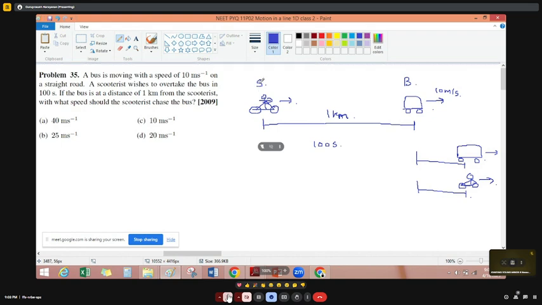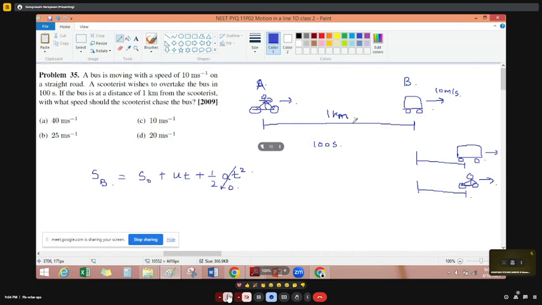Let's call this A, and the bus B. So SB is equal to S naught plus ut plus half at square. Luckily there is no acceleration, so this is 0, the bus is not accelerating.